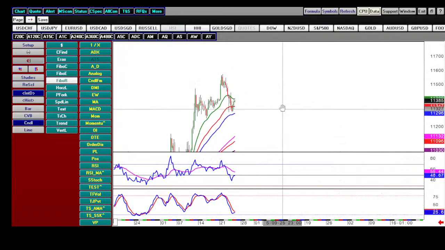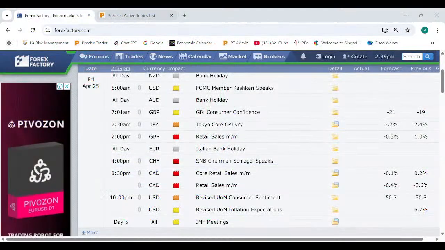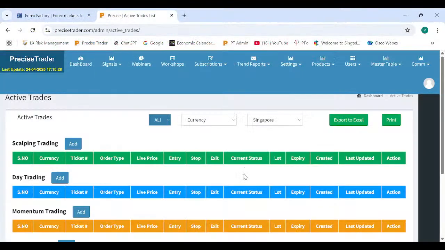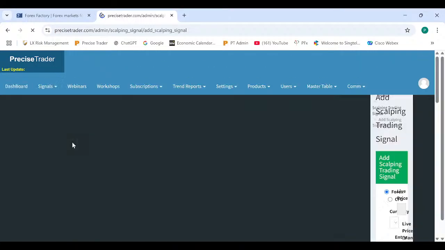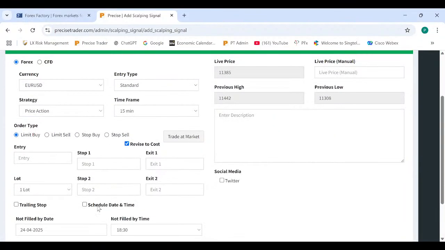Okay, so let's give a call. First is we are going to go for a scalping trade, which is euro buying at 11360 and stop at 30, TP at 11405.